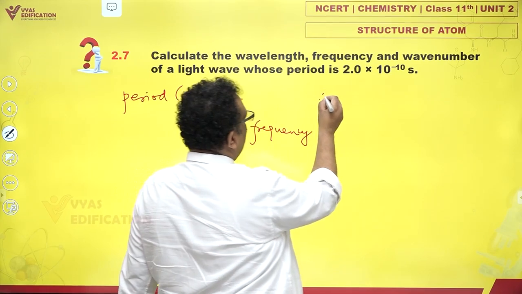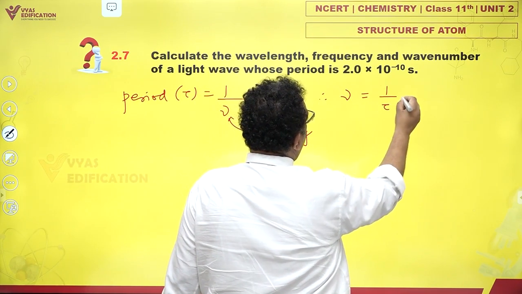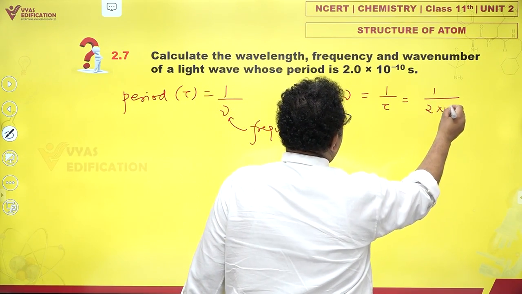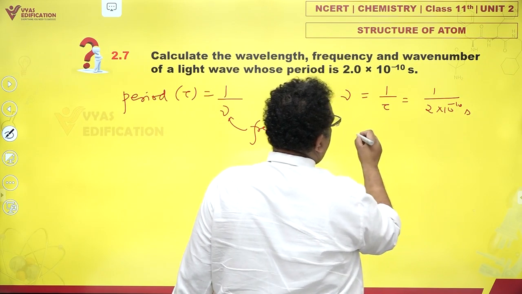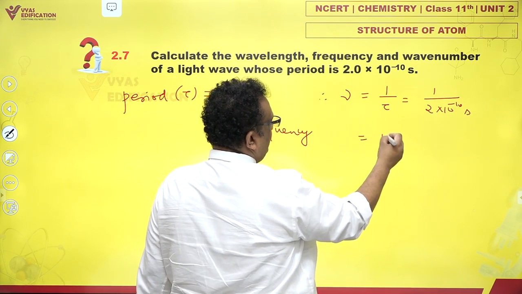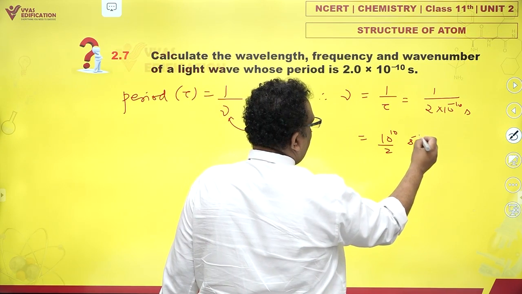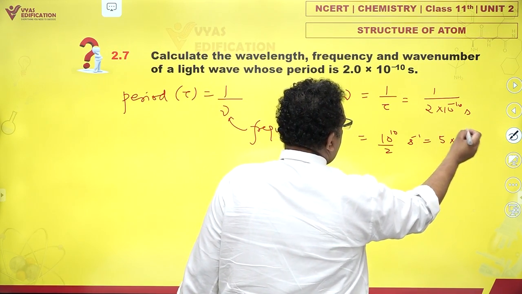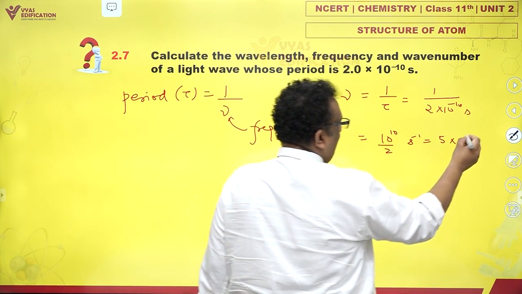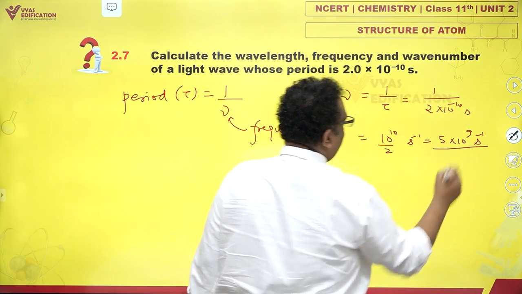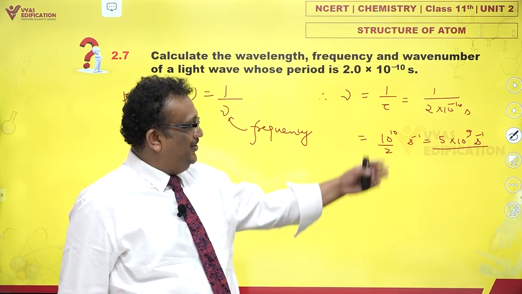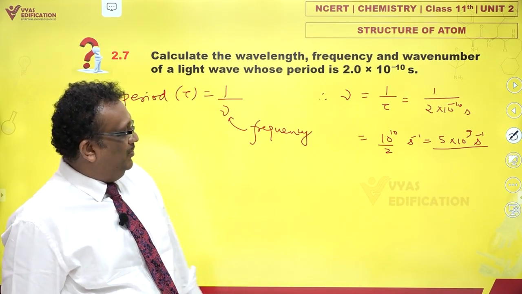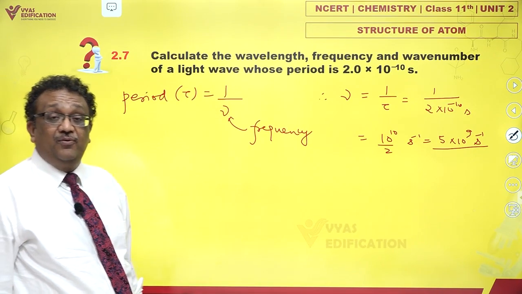So, frequency nu is 1 by period, which is 1 by 2 into 10 raised to minus 10 second, which is 10 raised to 10 by 2 per second, which is 5 into 10 raised to 9 per second. That is the frequency of the light wave.